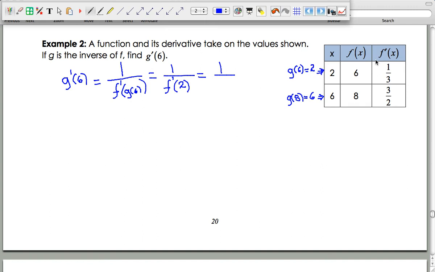Let's see, f prime at x equals 2 and f prime at x equals 6. Yeah, we know f prime at 2. F prime at 2 is 1/3. So the derivative of the inverse at 6 is nothing but 3. Yeah? Let's see yet another example.